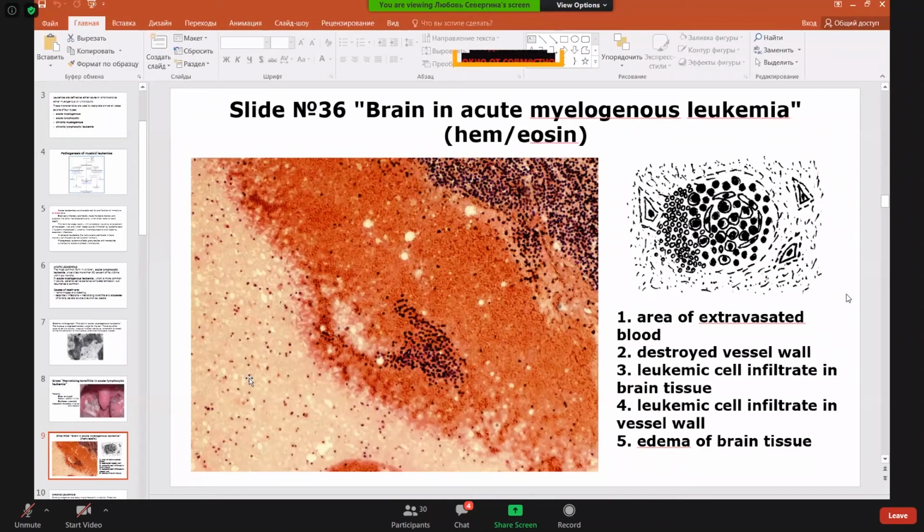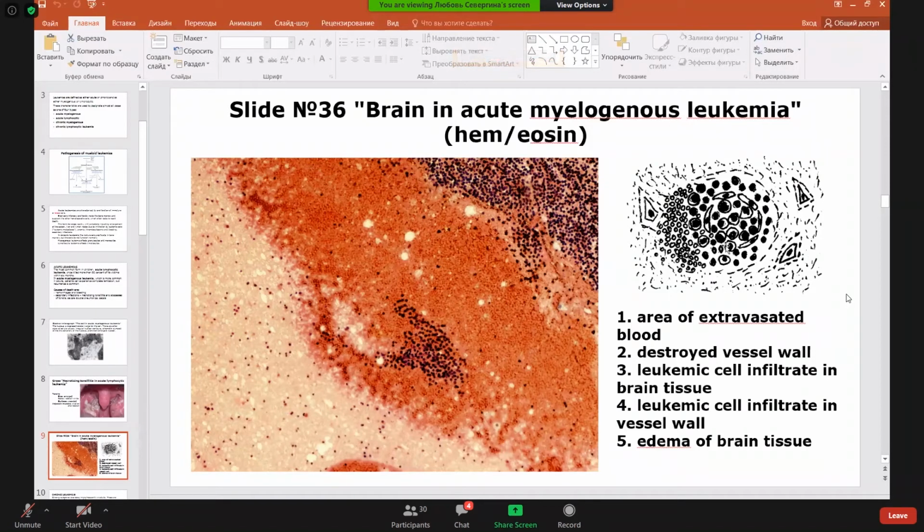So what is the cause of this brain hematoma? Please look at the scheme again. Infiltration of the vessel wall by the leukemic cells and destruction of the vessel wall from one hand, and prominent thrombocytopenia from the other hand.